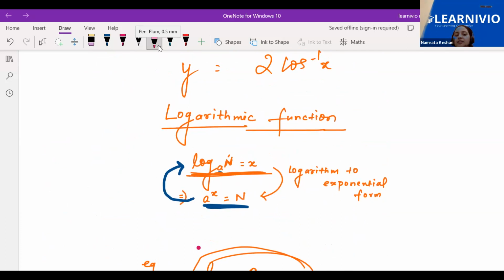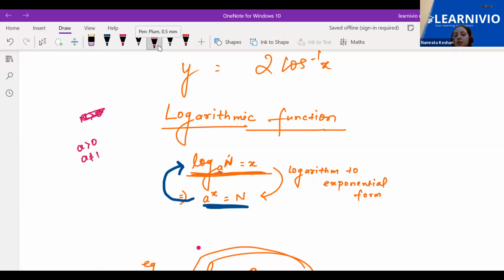That means n is a to the power x, and n will always be larger than 0. We know there is a criteria on a, that a must be larger than 0 and a must not be equal to 1.